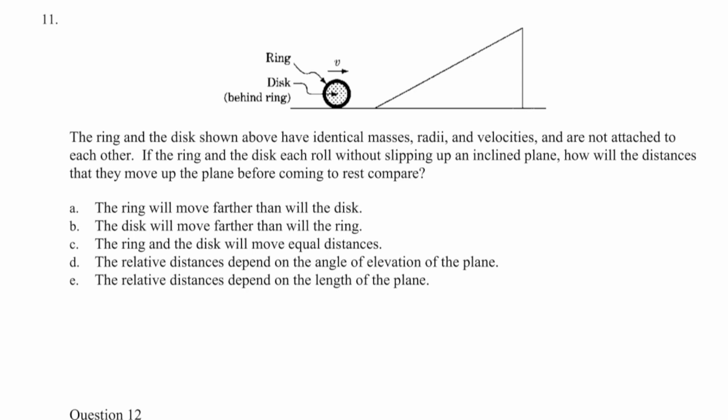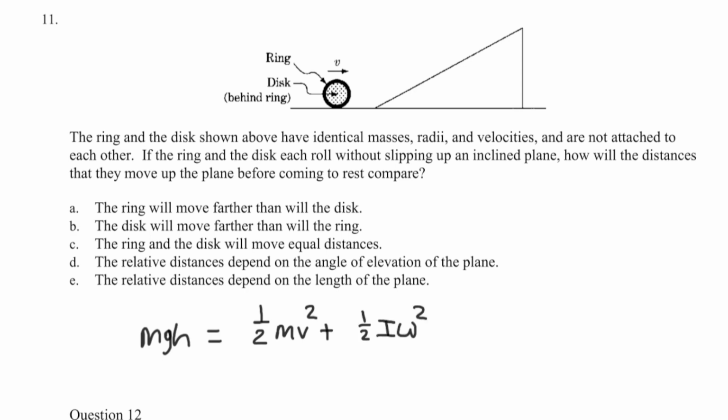So we know that the height it reaches, mgh, is going to be equal to the total kinetic energy it has at the bottom. And we're given they move at the same speed. We have to remember there are two forms of kinetic energy because it's rolling without slipping.